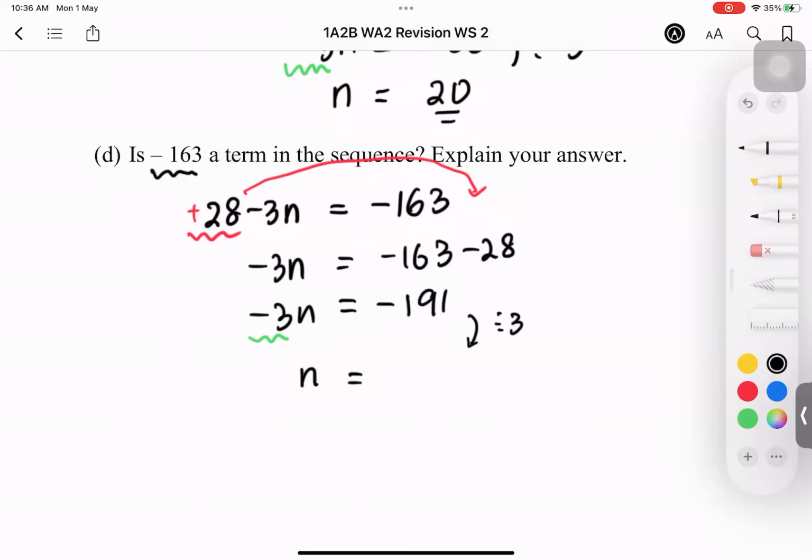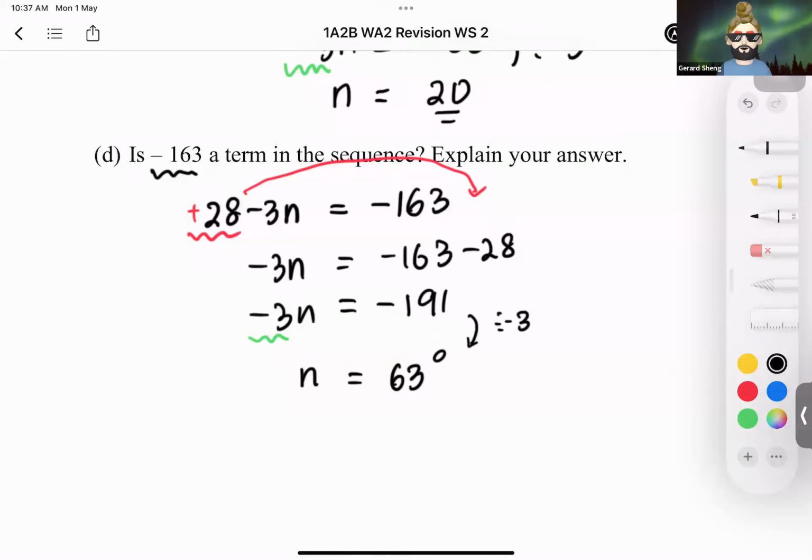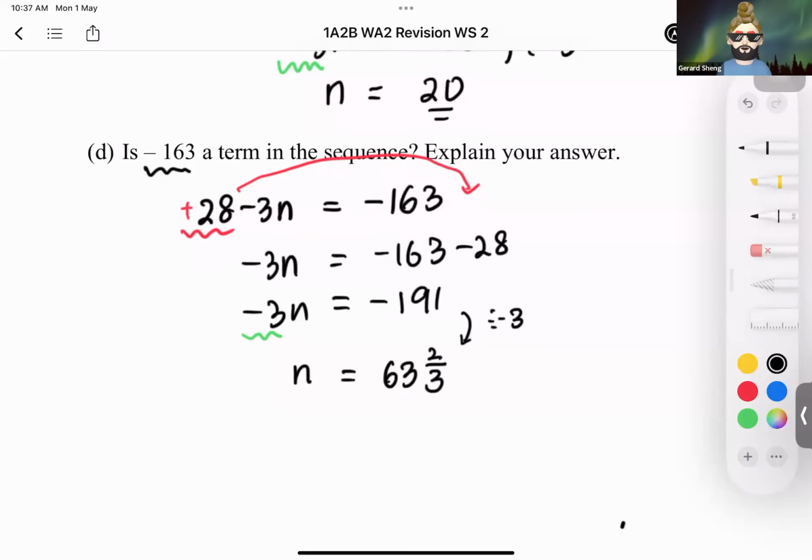The answer is negative 191 over negative 3, sorry, I forgot to put the negative sign. So equals to 191 over 3. I can change it to a mixed number, but 191 over 3 also can.